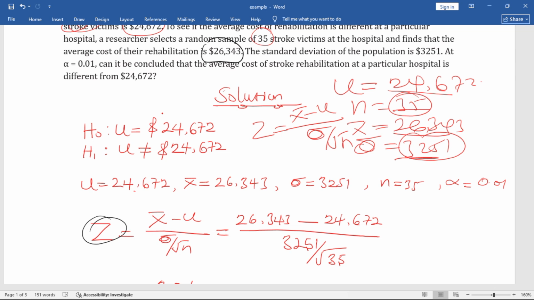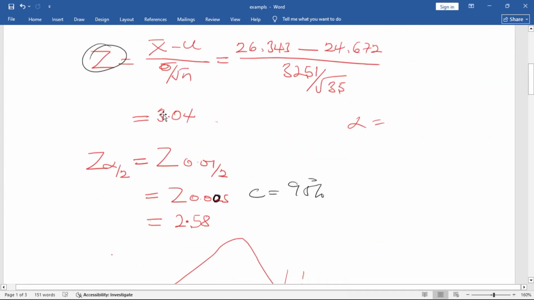The moment you hear "is," it means that our mean is equal to that particular average, which was 24,672. So here our H0 is mu equals 24,672, and our H1 is mu is not equal to 24,672, right?